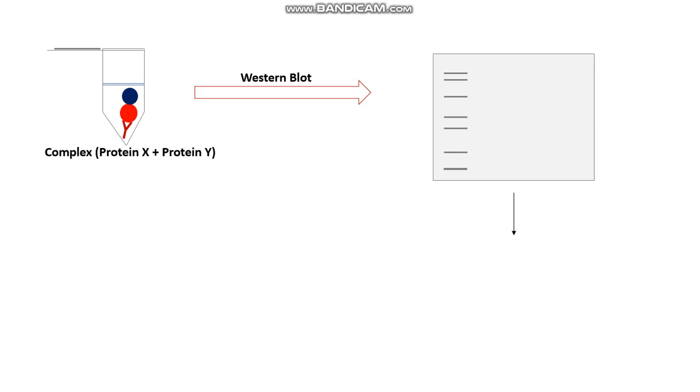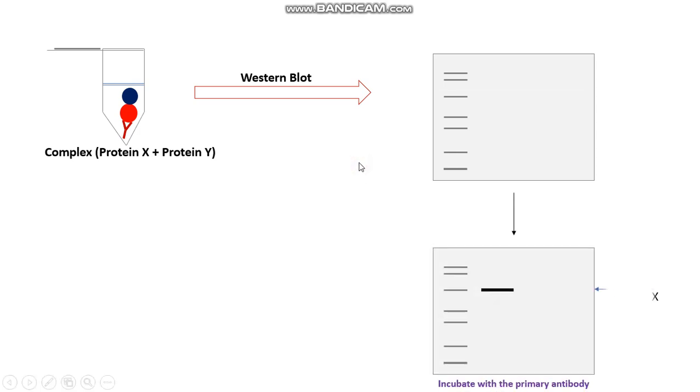When you run the Western blot with the sample, you will get the entire membrane. Then you need to use the primary anti-protein X antibody first, and after secondary antibody incubation you can detect the protein X in your membrane.